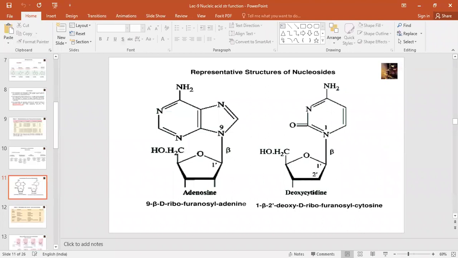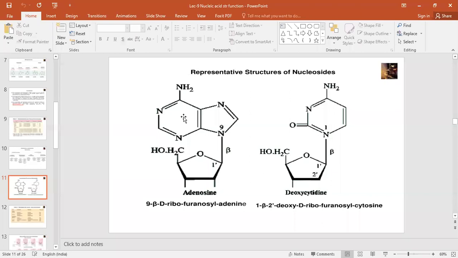This is the representative structure of the nucleoside. Adenosine and deoxycytidine, two examples are given here. Now see, adenosine. Adenine is a purine base. Purine means it is made up of two rings. So here the purine base is drawn.